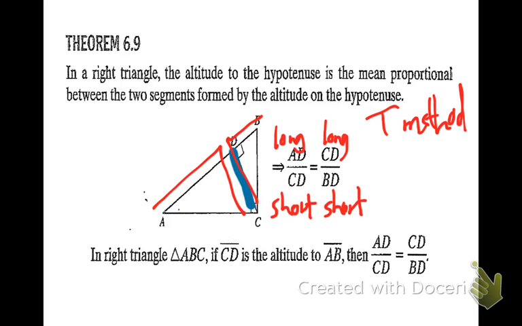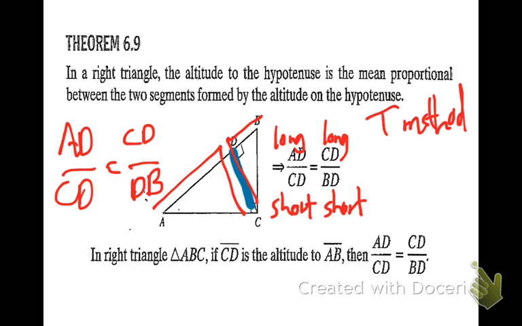I make that T pattern, following the order that I do the T in. AD is to CD as CD is to DB. Right? T method. So in the right triangle, CD is the altitude to AB. So that's the T method.